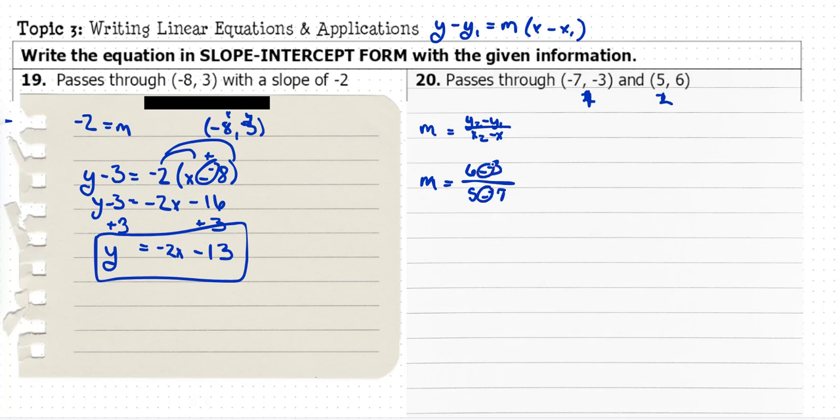Those sides combine, and so we're going to have 9 over 12, sorry, which reduces to 3/4.